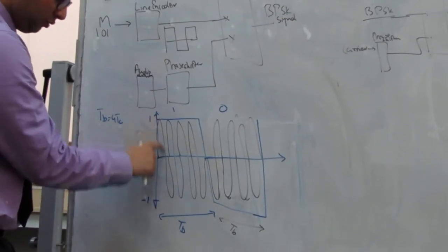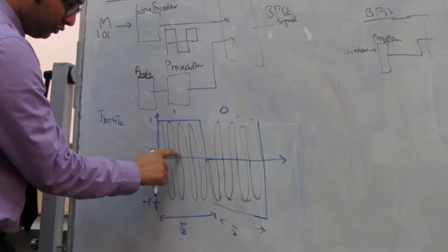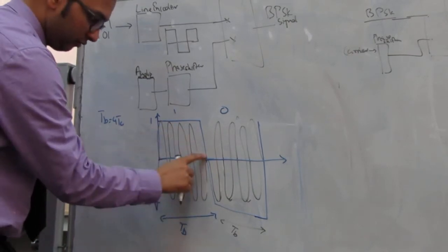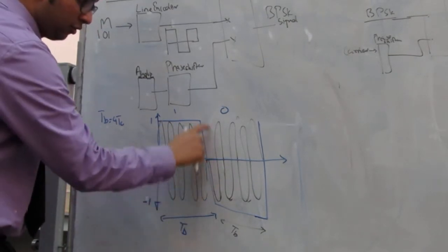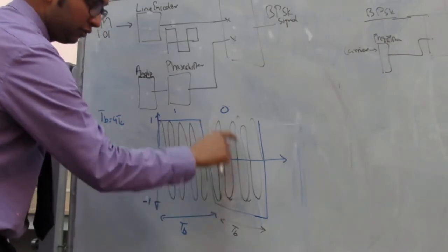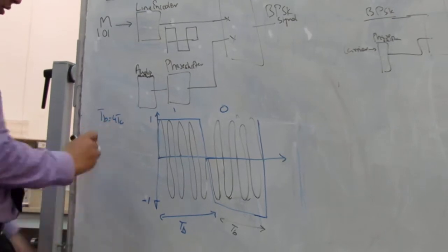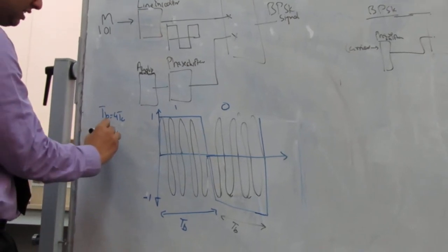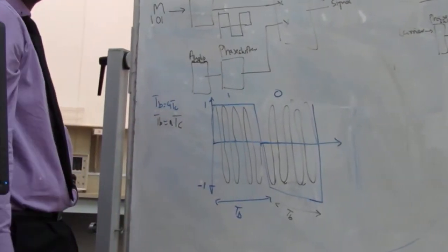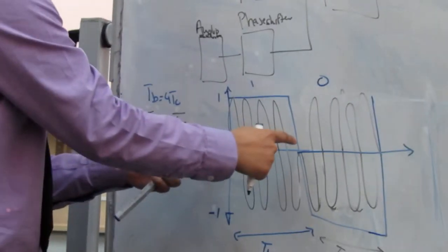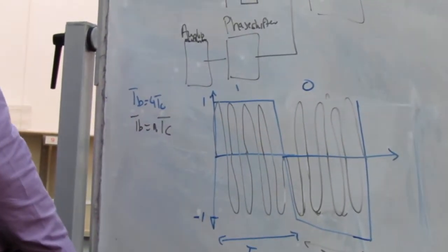So if you look at it, 1, 2, 3, 4. Same thing happens here, 1, 2, 3, 4. In other words, TB should be an integer multiple of the carrier period, so that I have the whole time periods complete.